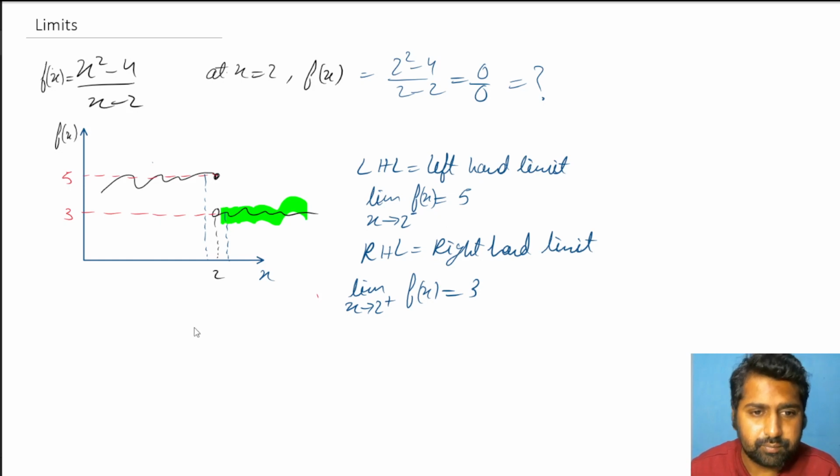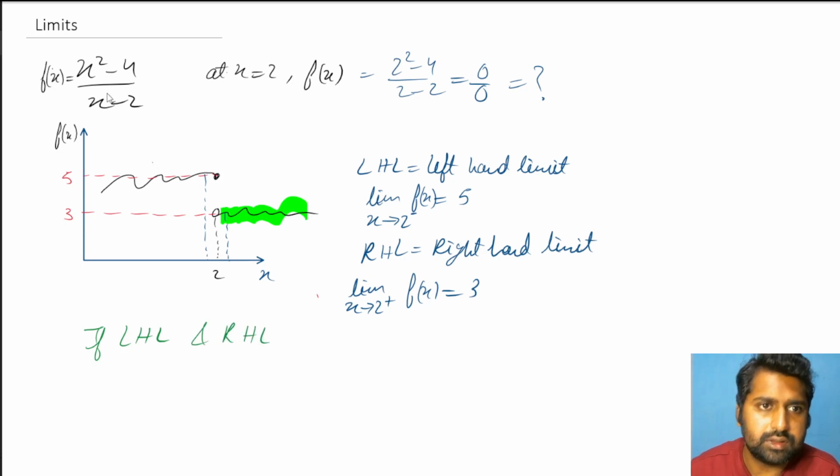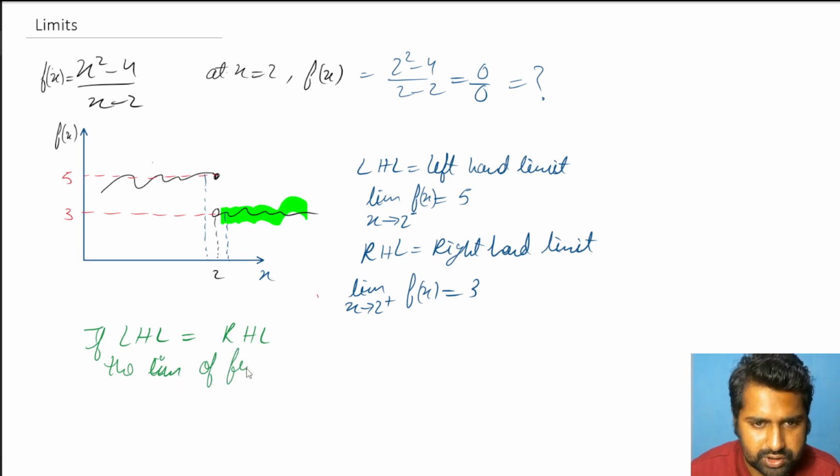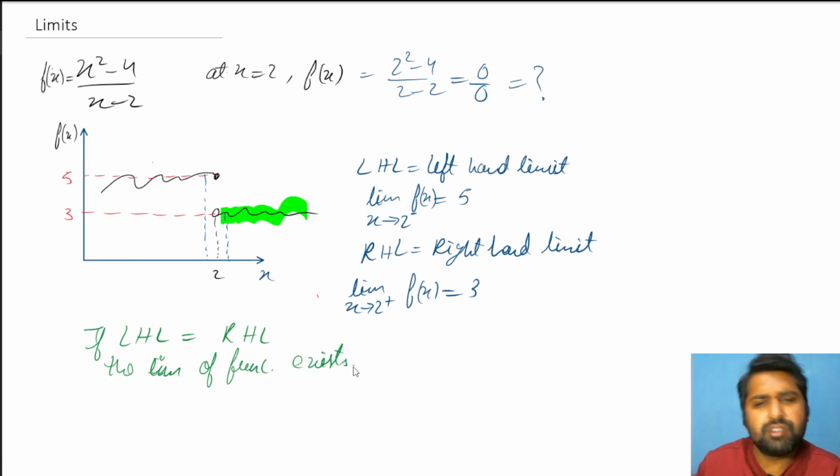Now the point is, if left hand limit and right hand limit are equal, then the limit of the function exists. Means it's not like the limit will be defined for every single value of x for every function. Sometimes for some particular value of x, the limit will not be defined. Okay, only if LHL and RHL are equal, then only we'll say the limit exists.